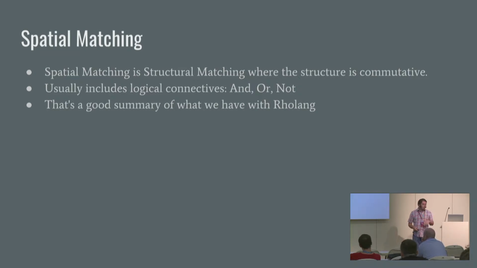One of the things I want to point out, Mike mentioned in his talk previously that the way that you get a grammar for spatial types is you enrich the grammar for the terms with various matchers. In our case, Rholang only has one grammar, which is the grammar for patterns.